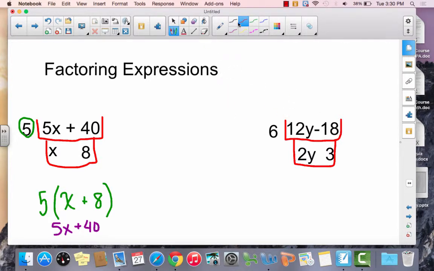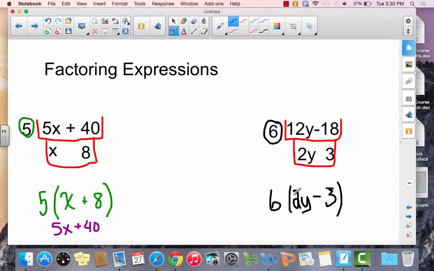So again, the number that is off to the side, which in this case is the 6, becomes the number outside of the parentheses. The terms left at the bottom of the cake, the 2y and 3, are the terms inside the parentheses, and I keep whatever sign I had.